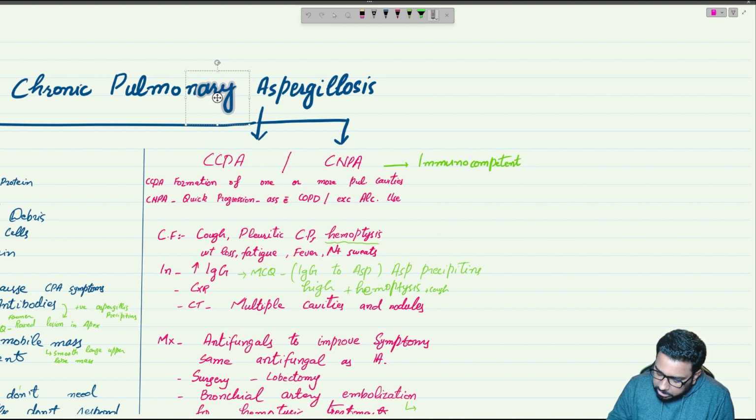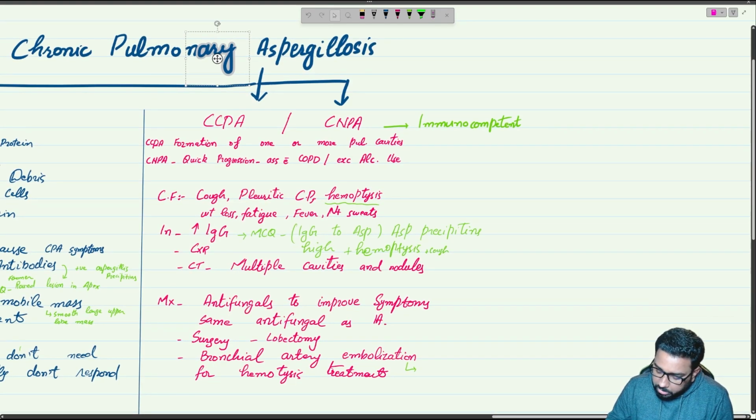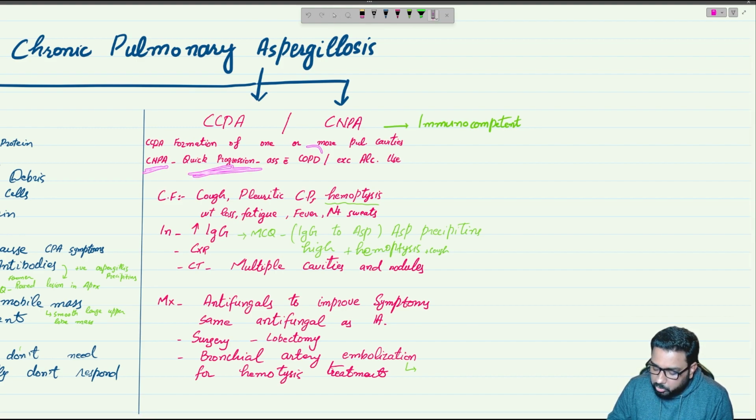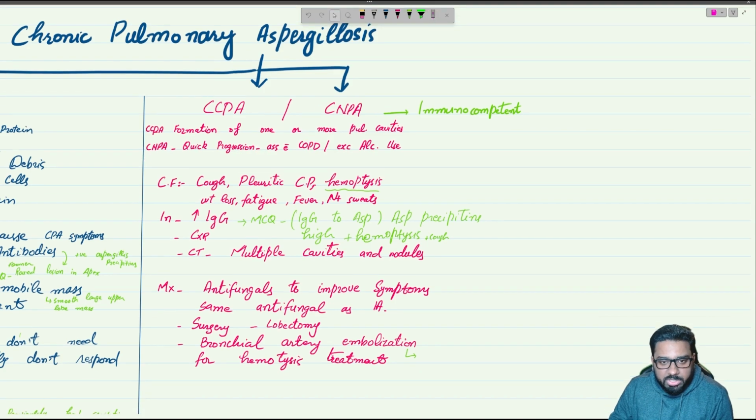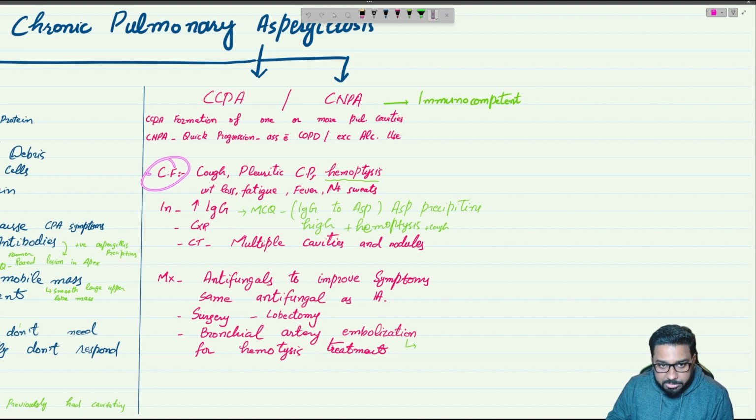So, cavitating pulmonary aspergillosis can form one or more pulmonary cavities because it is a chronic condition. The necrotizing form is basically quick, associated with COPD and mostly in excessive alcohol abusers. Clinical features are the same as before.